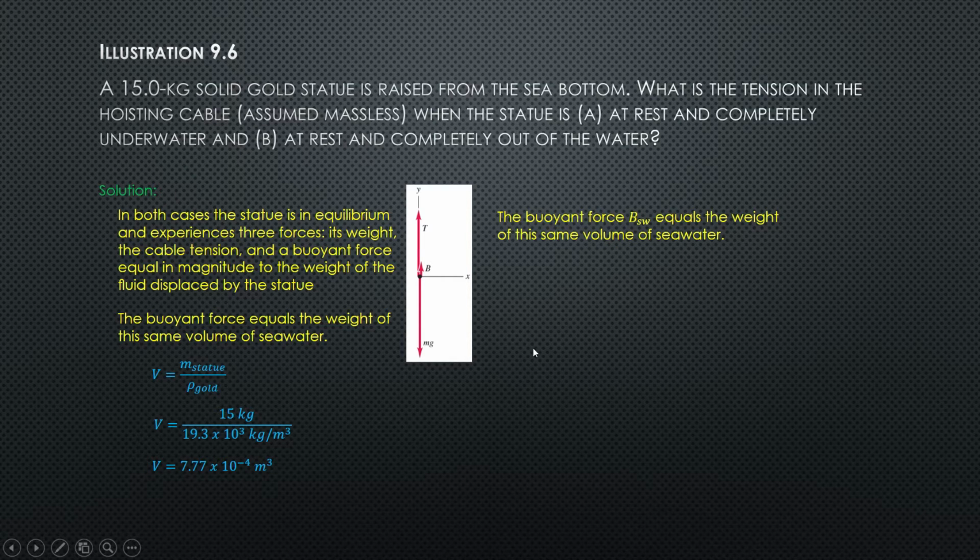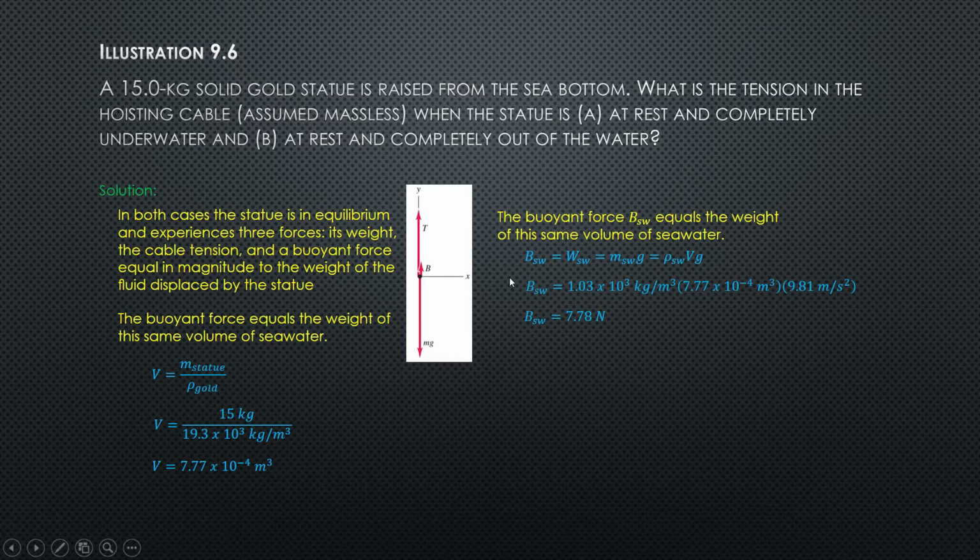The buoyant force of the seawater equals the weight of the same volume of seawater. So the buoyant force equals the mass of seawater multiplied by acceleration due to gravity. But mass is equivalent to density multiplied by volume, so density of the seawater multiplied by the volume multiplied by acceleration due to gravity.